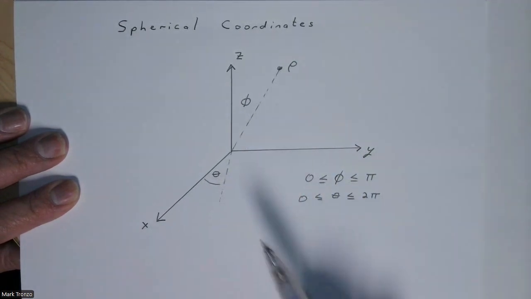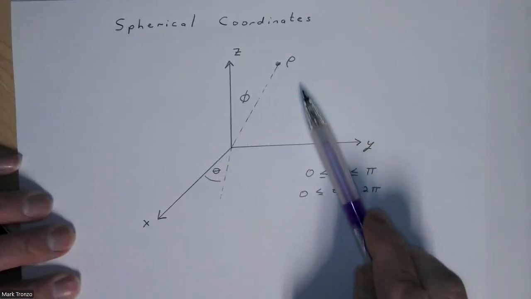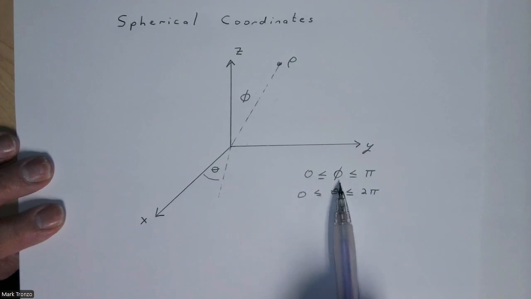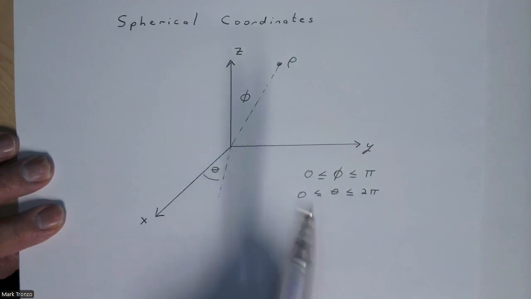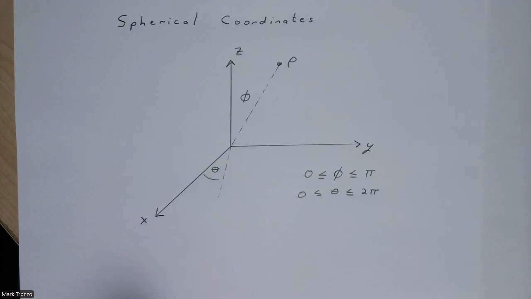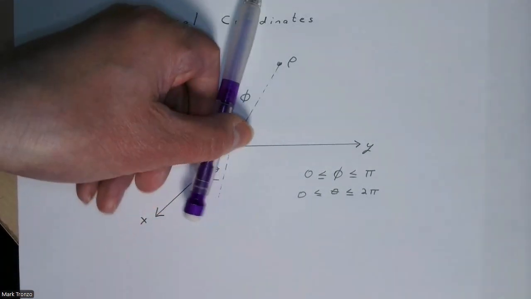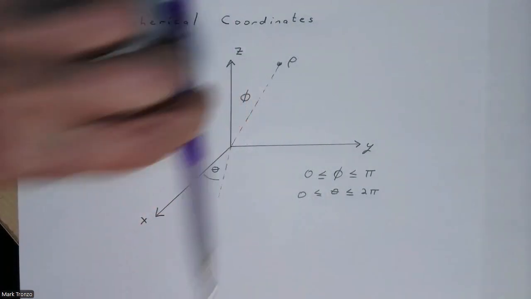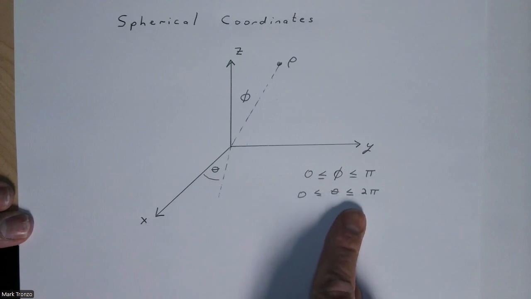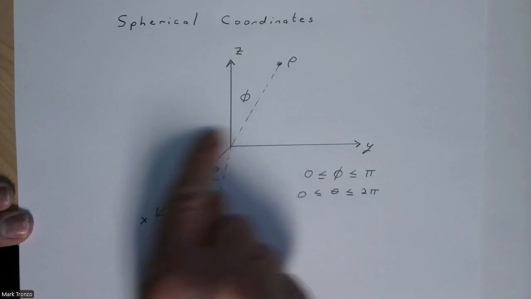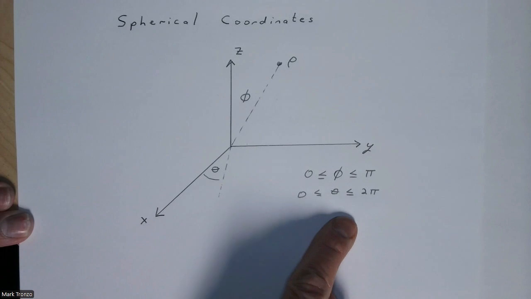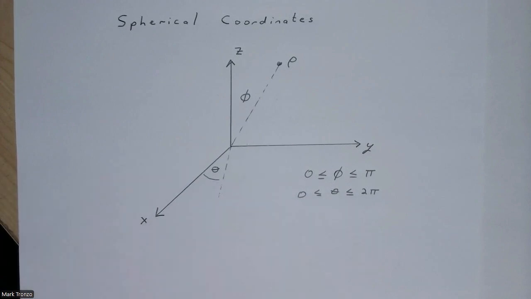And of course, rho can be anywhere from 0 to infinity. So again, phi is limited to 0 to pi because if you're making a sphere, you only need to go down pi, and then you can generate the whole sphere by letting theta go from 0 to 2 pi. We'll see a little bit of this later.